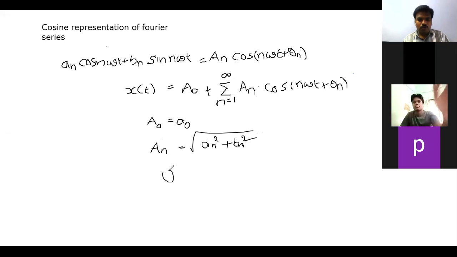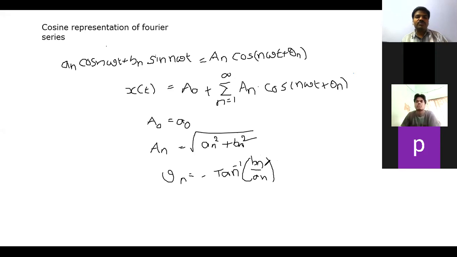Okay, now theta n is equal to minus tan inverse of bn by an. Now to have the cosine representation of a Fourier series, you must remember the expression for a naught, expression for an, expression for bn.